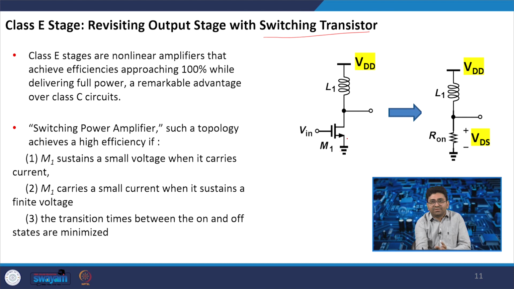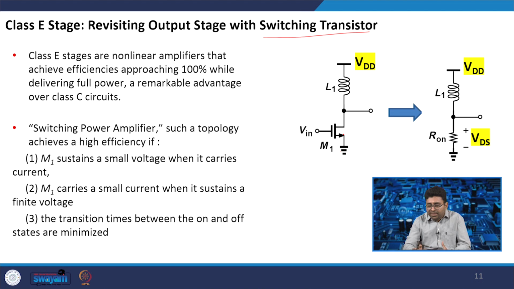When it is off it should not have any current, and the transition time between the on and off states is minimized.